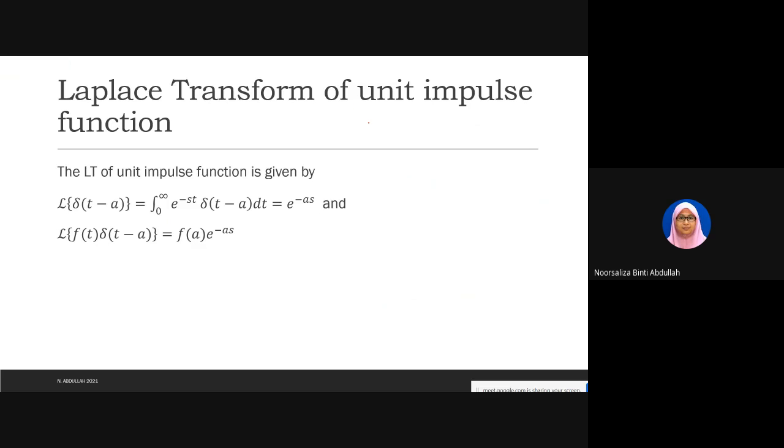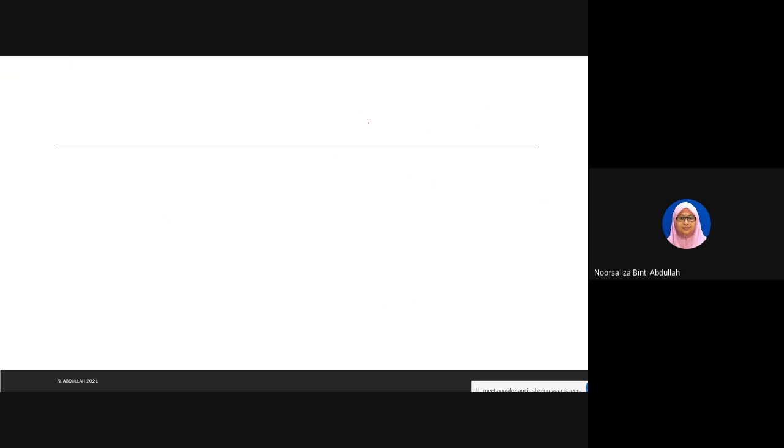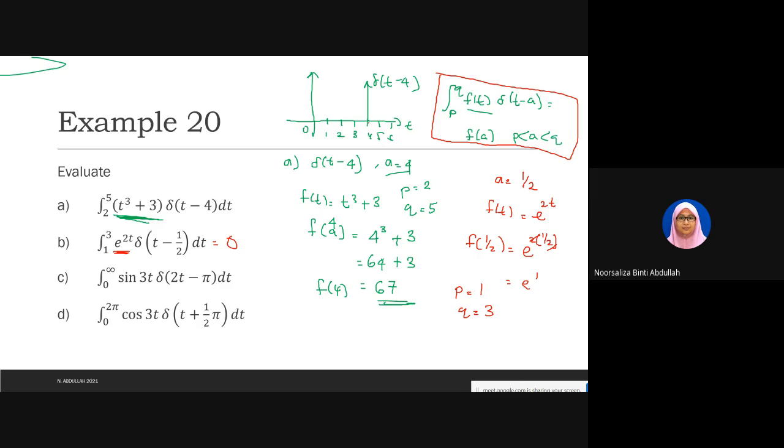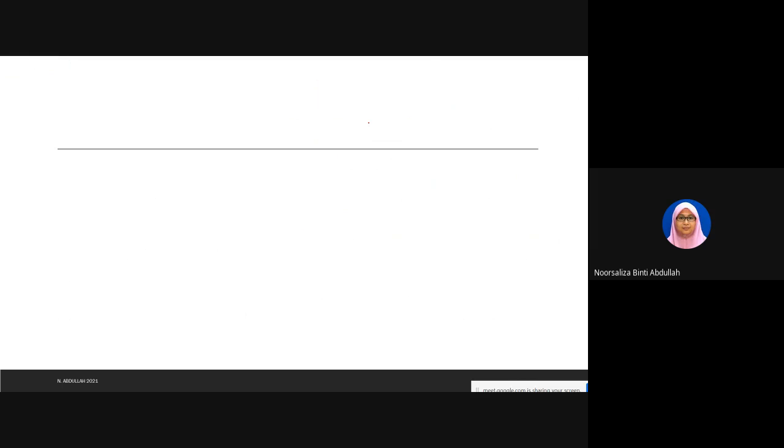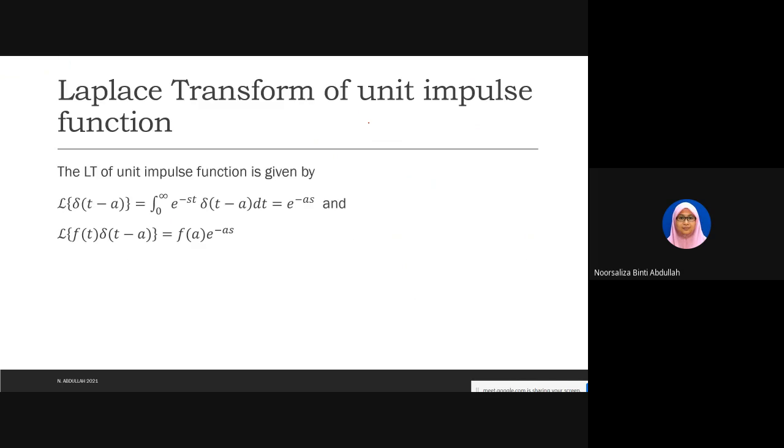Okay. Tadi baru kita evaluate impulse function. Kita belum buat Laplace lagi. Okay, so now kita nak dapatkan Laplace transform for unit impulse function. So this one is impulse function.